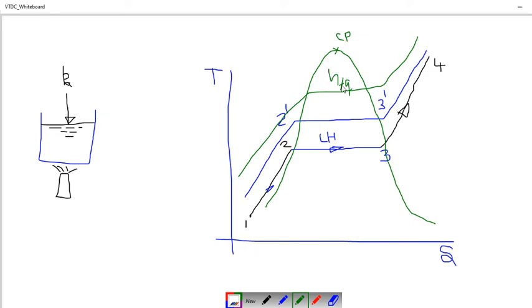Now there are three regions on this plot. On the left hand side of this curve, which is called the saturated liquid curve, the water is in the liquid form.